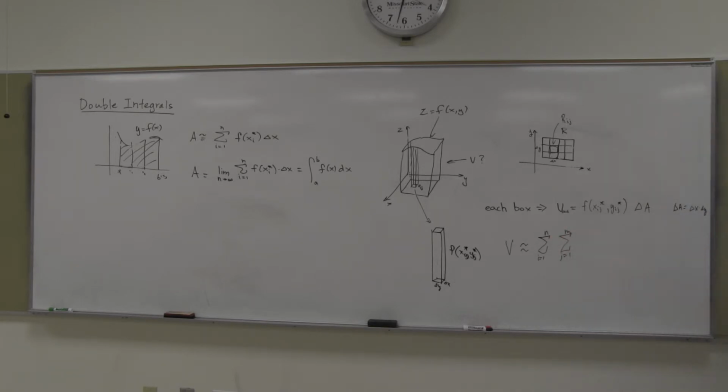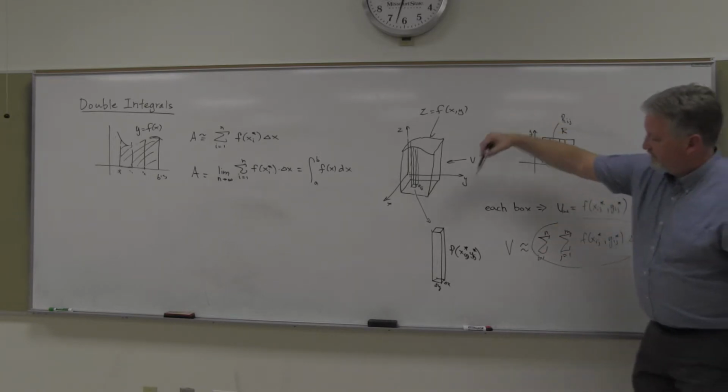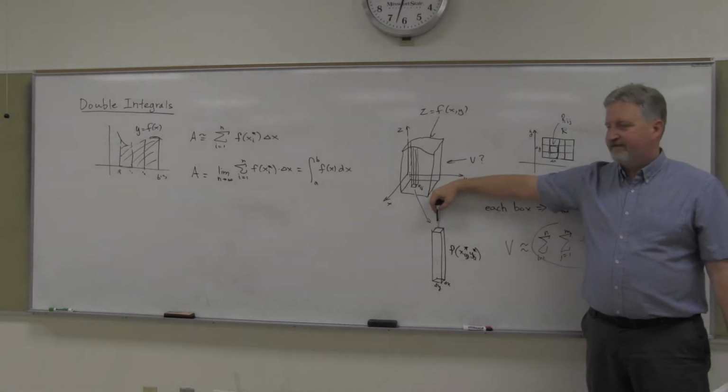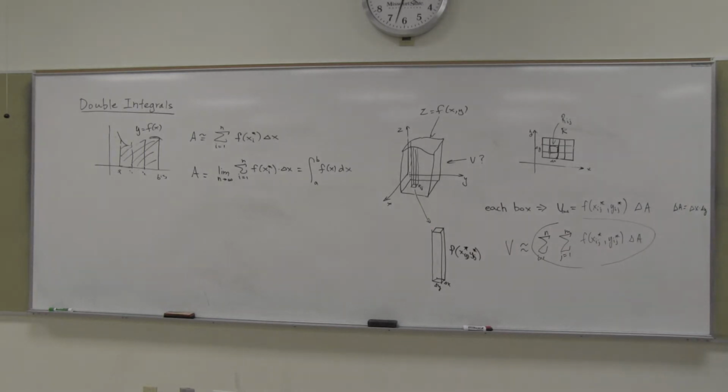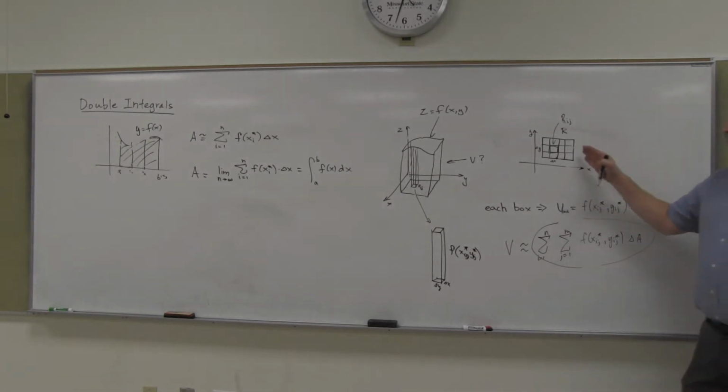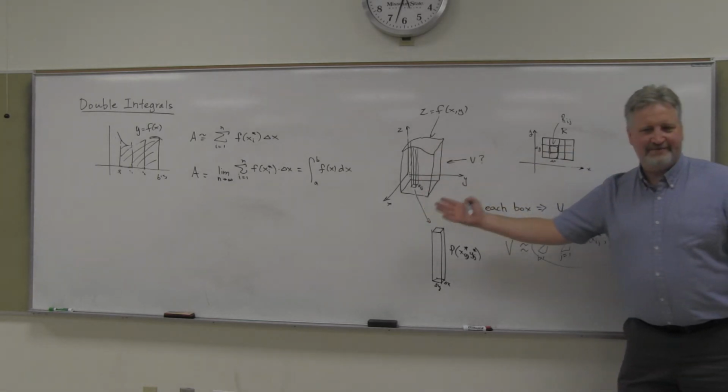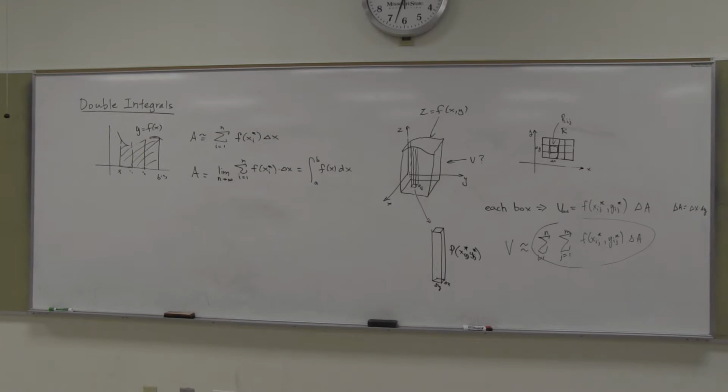So you've got a double summation there, and we're doing the summations of all these. So that gives us an approximate. This right here would be doing all of these boxes here. So if I draw those in and approximate those volumes, that's what that represents. It's adding up all of those. Okay. All right.